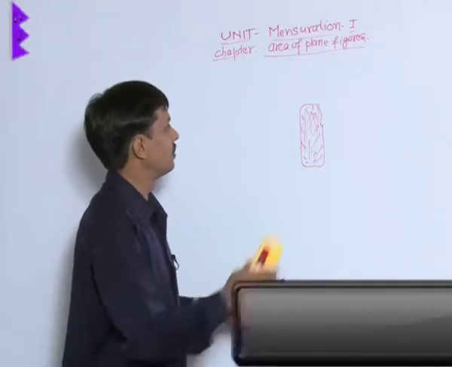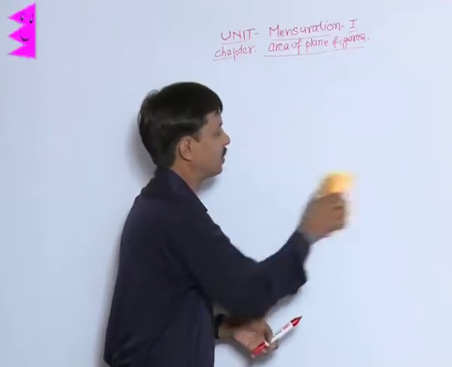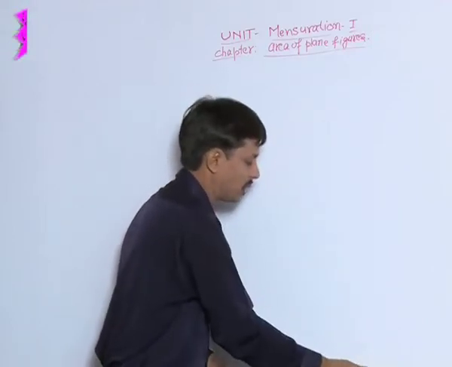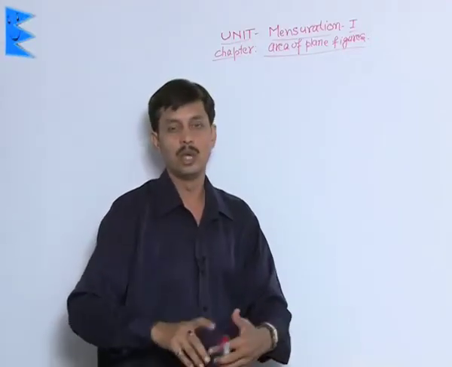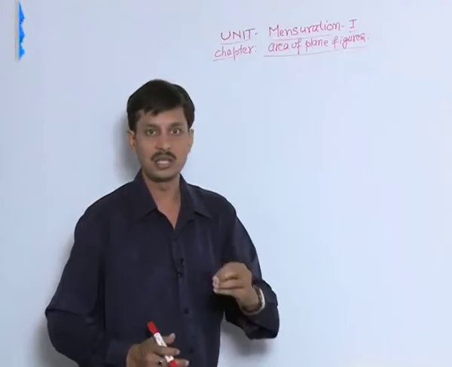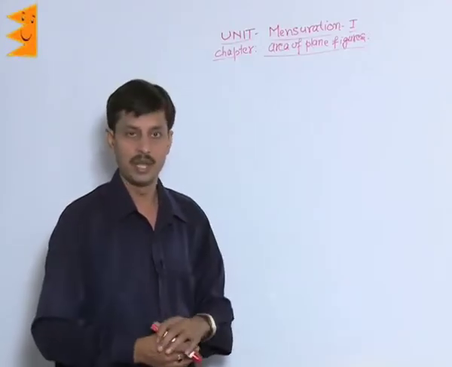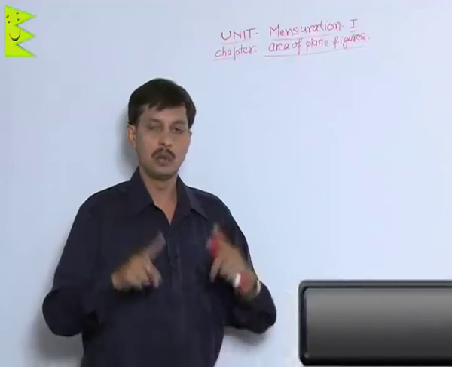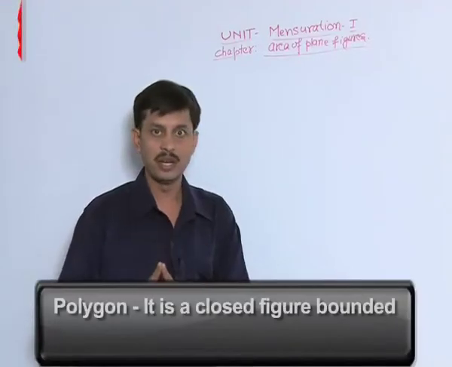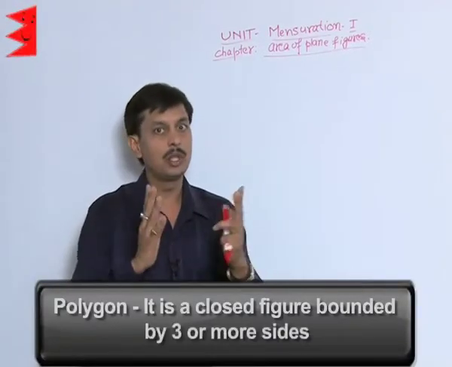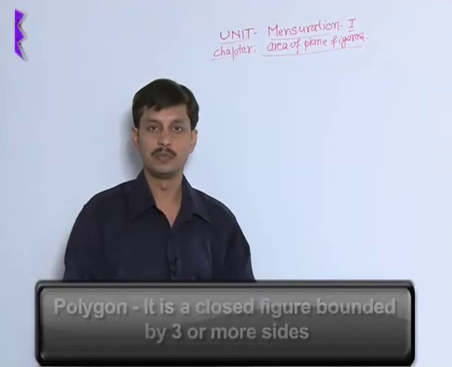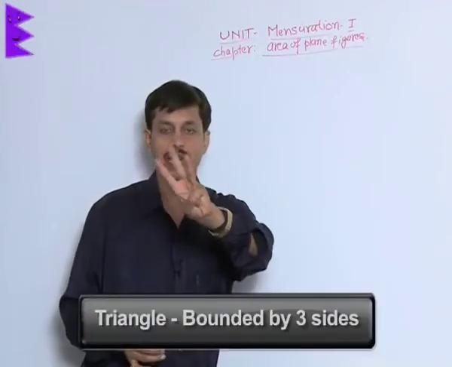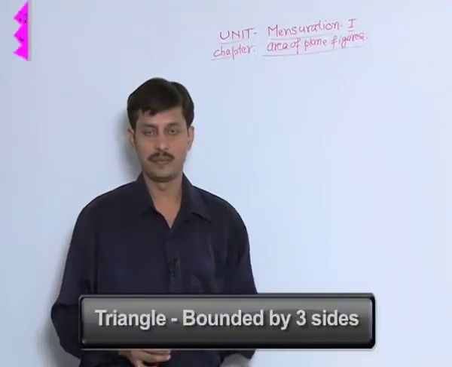Now the question comes, what type of areas do we need to discuss? So I am going to revise a few of the results which you know already. You know polygon. A polygon is a closed figure bounded by 3 or more sides. If it is bounded by 3 sides, it is a triangle.